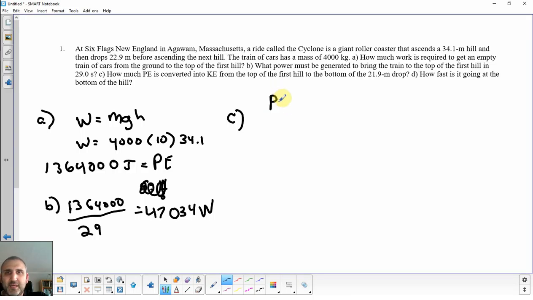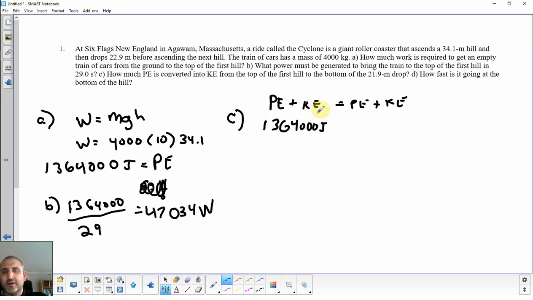We remember PE, this is an initial situation, so the car's going up and then it drops almost 22 meters. So PE plus KE initial equals PE plus KE final. And at the top we know our PE, and that's 1,364,000 joules.